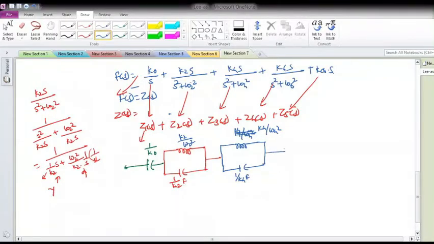Next, for Z4 of S, again there will be LC in parallel form. The value of the inductor here will be K6 upon omega 6 square, and the value of the capacitor is 1 over K6 farad.